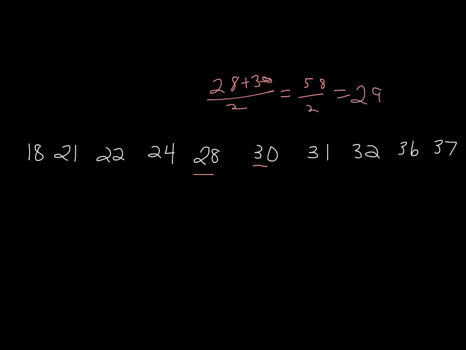Or you can realize that 28 and 30 just have one number in between them anyway, which is 29. So this would be considered our median at 29.